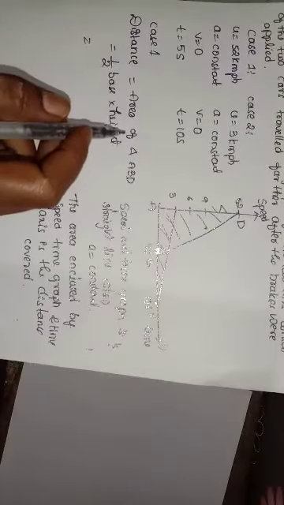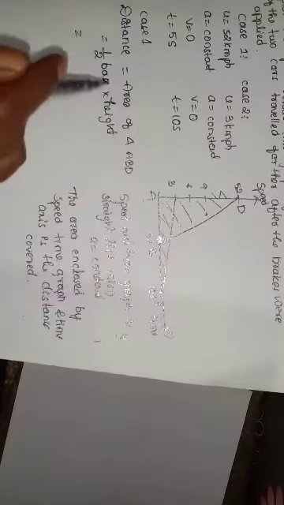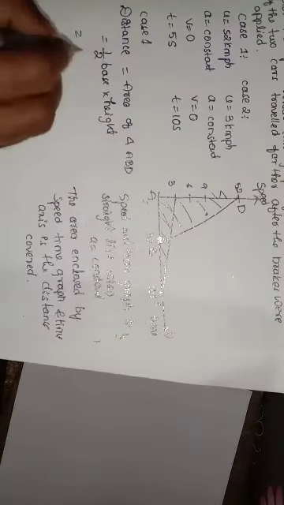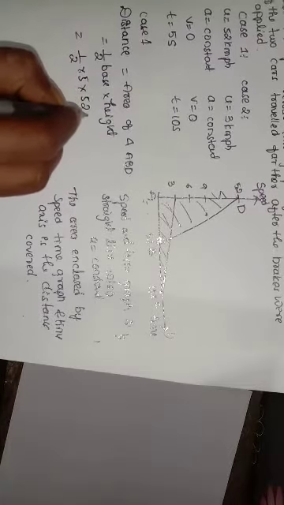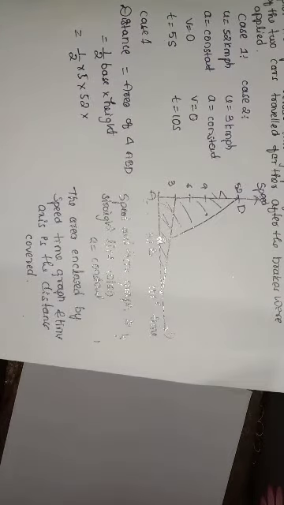First I'm finding case 1. In the first case, let us consider A, B, C and D as the points. The distance covered is equal to the area of triangle ABD. The triangle area formula is half into base into height. The base is 5 and the height is 5/2, and we have to get the distance in meters.